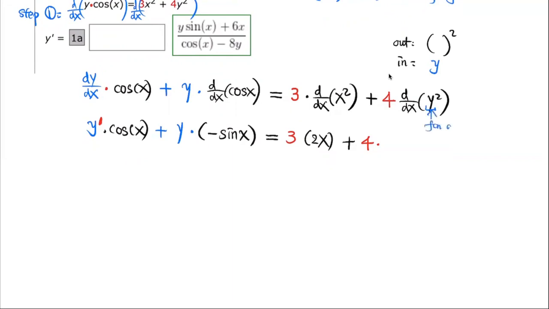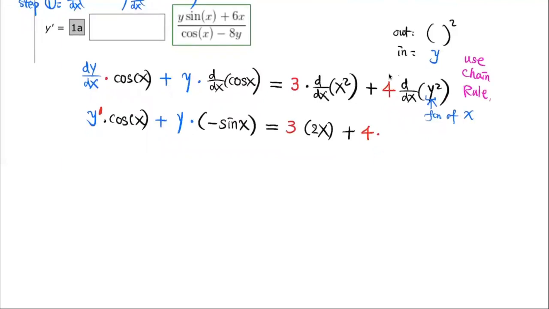So when we differentiate a composite function, we have to use the chain rule for this part right here. So it would be 2y times y prime, right? You got it. Good job. That will be 2y times y prime.